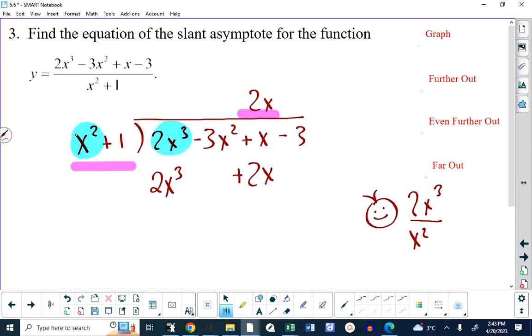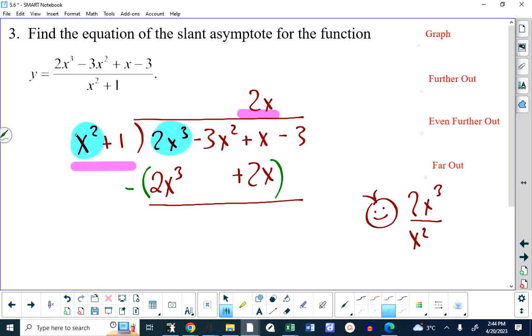And then I subtract. So this is the third step in the first layer of this process. So I have to subtract that. 2x cubed minus 2x cubed is nothing, so I don't have to write anything.